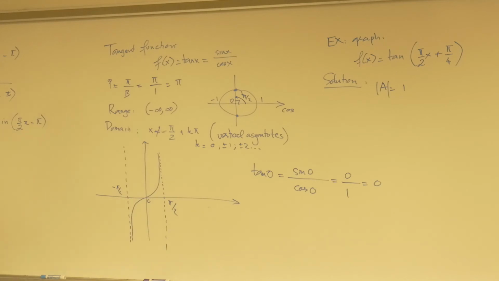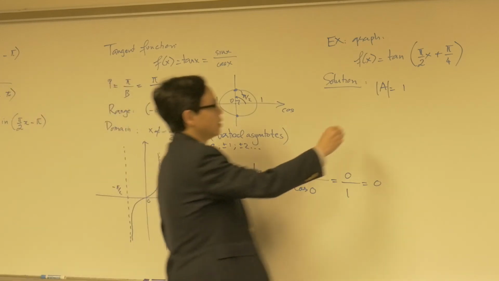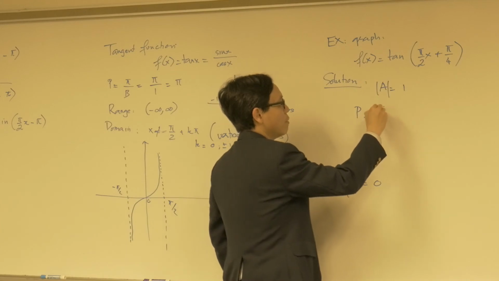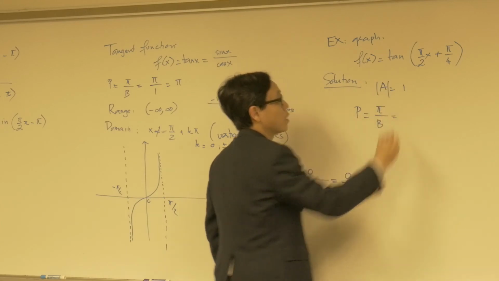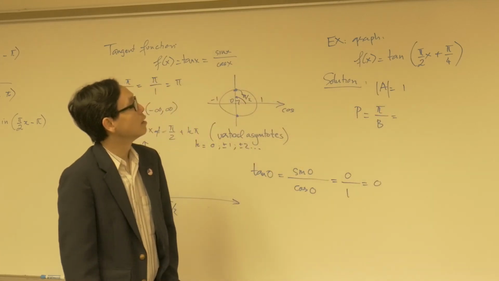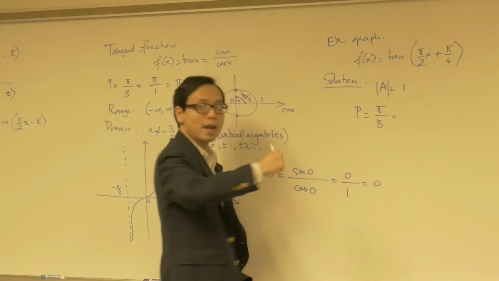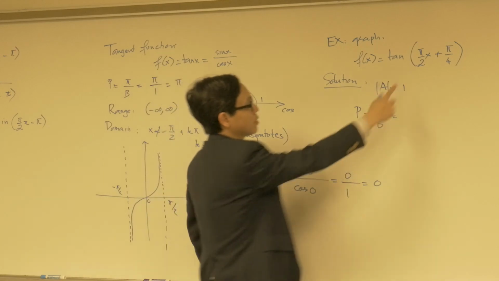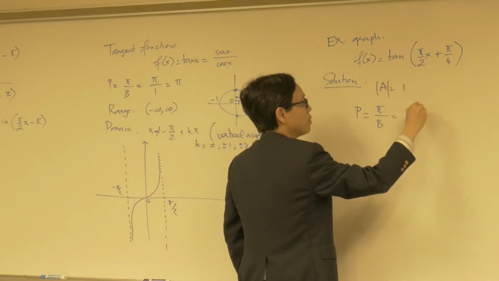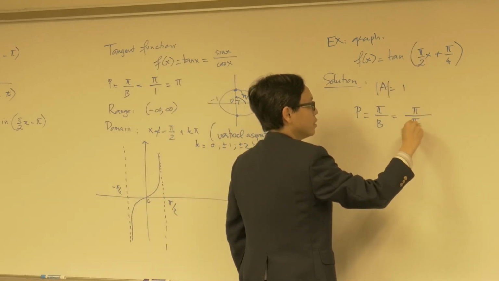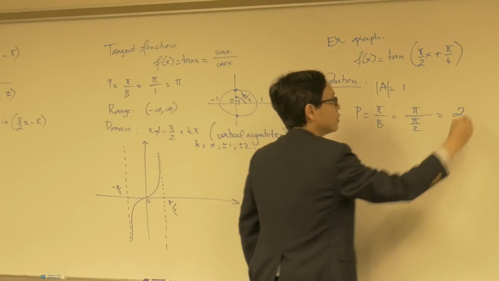For sine, cosine, secant, cosecant, yes, it is. And so the period now will be pi over b. What is b over here? Pi over 2, not 1 over 2. It will be every value in front of the x. So b is pi over 2, and the period is 2.